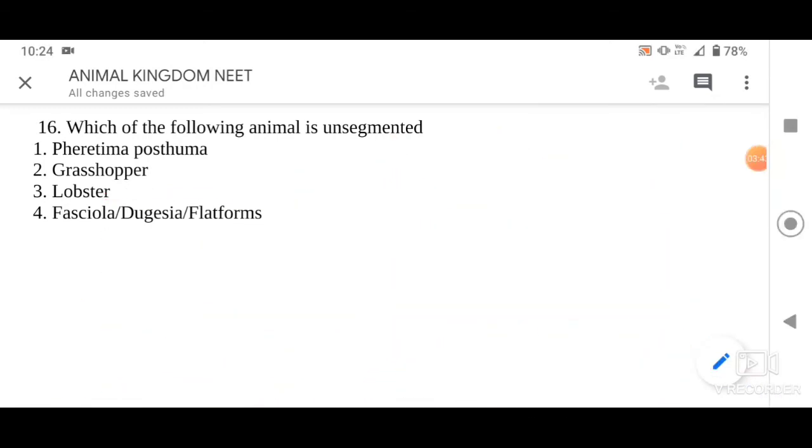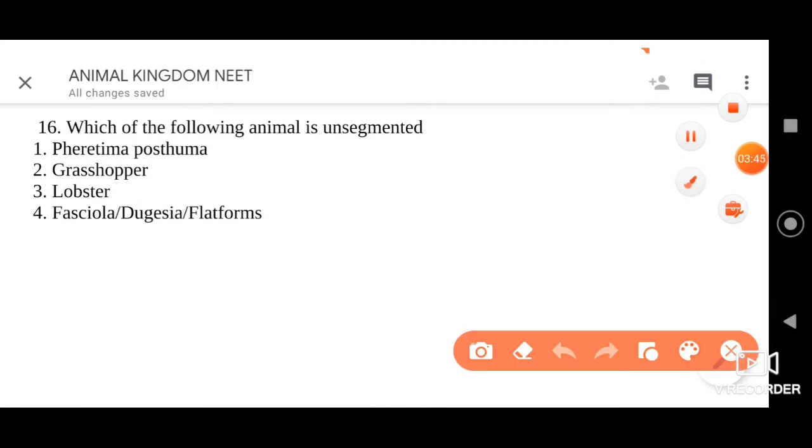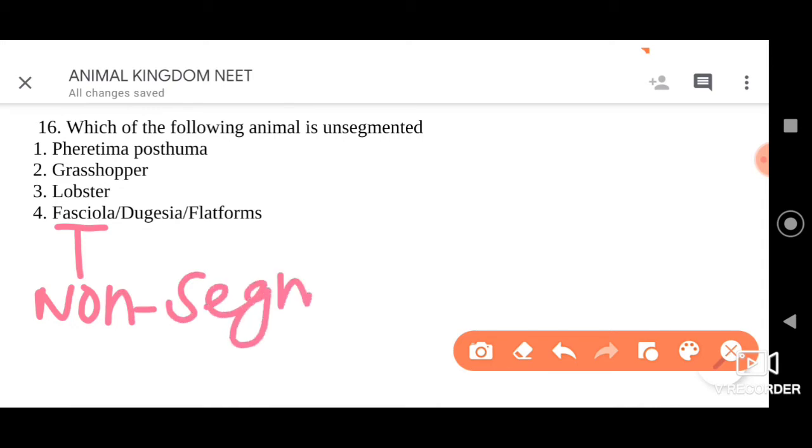Let us understand those organisms. Firstly, we have fasciola. See, dear students, fasciola is a non-segmented flatworm. It does not have segments.